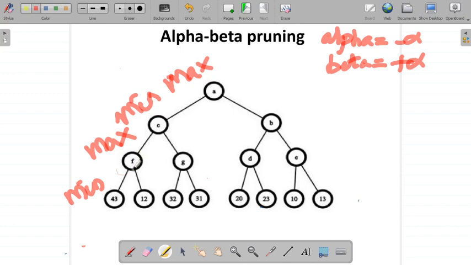At F, the value of alpha should be calculated because it is in the maximizer level. So what is the formula for calculating alpha? Alpha is equal to max of minus infinity comma node value.